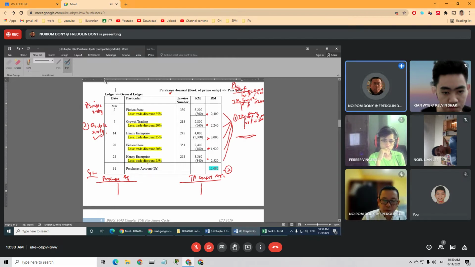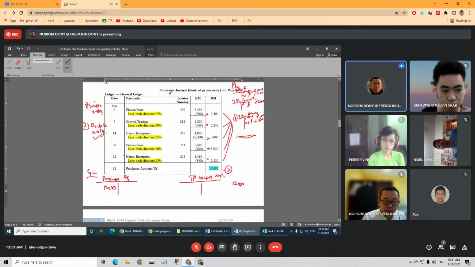The purchases account is an expense, a debit item. The total for the month is 12,080. So we take this total and debit. So 12,080 we put on the debit side. If this is debit, definitely the corresponding account, which is the trade payable control account, will be credit. So we record on the credit side.